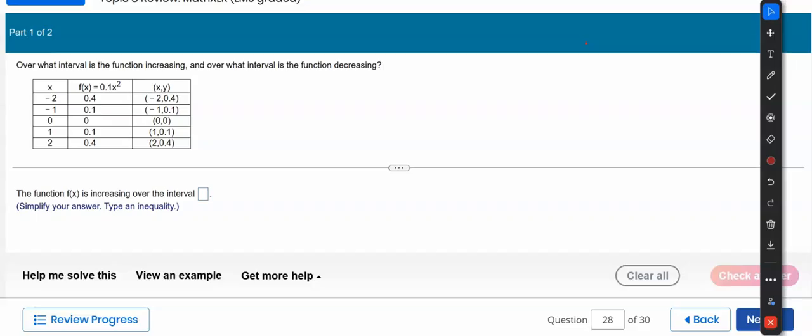On what interval is the function increasing? So I guess you would be picking one of these over here. But are you saying 0, 0, 0? Well, that's not a very wide interval, is it?